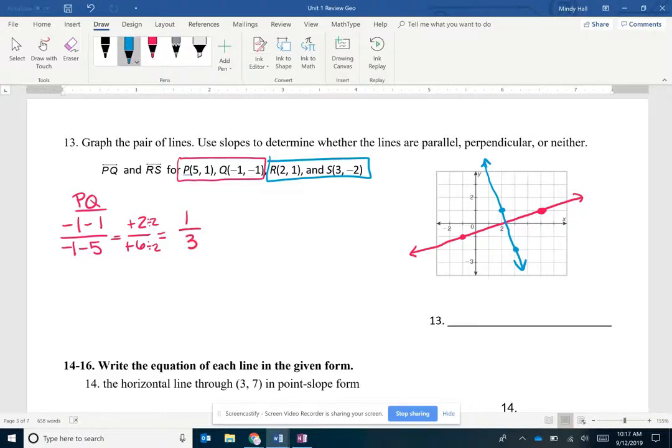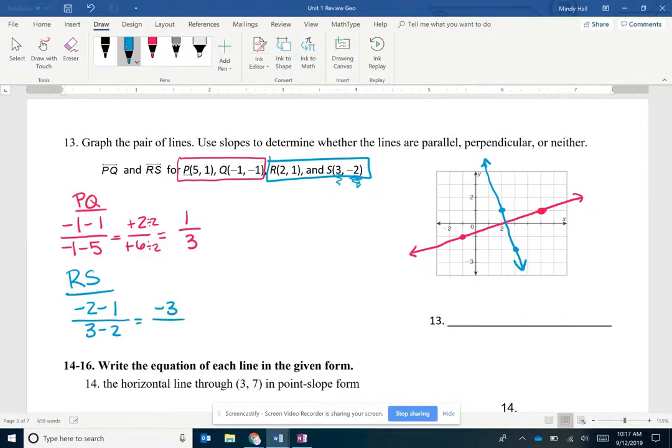So then, to compare, hopefully if these are actually perpendicular, RS should have a slope of negative 3 over 1, but we will see. So RS, if we start with negative 2, we have negative 2 minus 1 over 3 minus 2. And notice, because I started with the negative 2, I'm starting with the 3 on the bottom. So negative 2 minus 1 is negative 3.